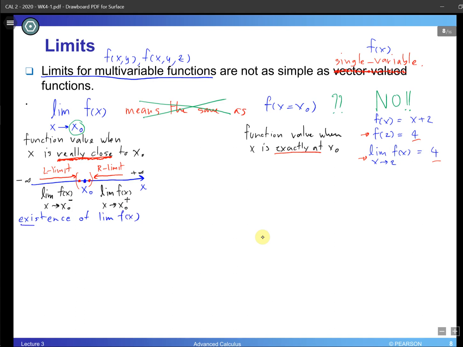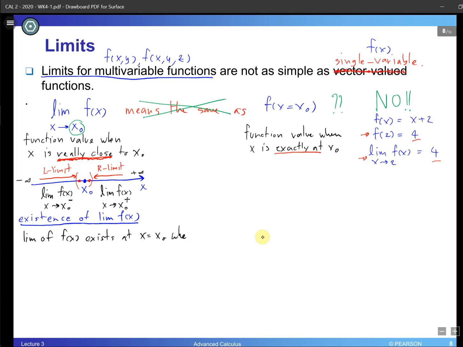Now I am going to give you some definition right here. So let's write this down. Limit of f(x) exists at x equal to x0, at a certain point, when.